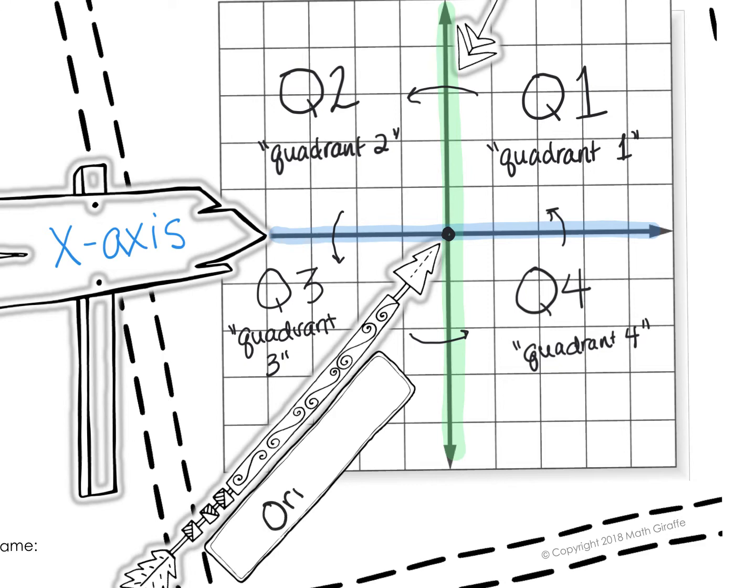You might have heard the word origin before, like origin story. It's where everything starts. It's the beginning. And when you graph points, you always have to start at the origin. And the point of the origin, which we'll talk about more, is 0, 0. So please make sure and write that down. Once you have finished copying my notes, turn the paper over.